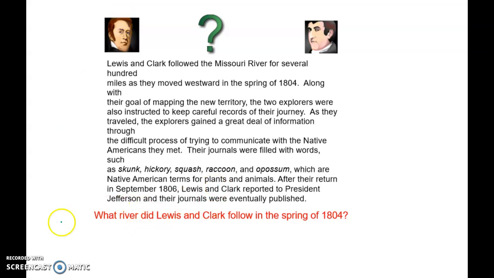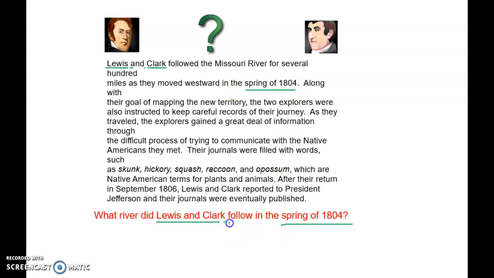So let's look at what we have here. We have Lewis and Clark. So up here I see Lewis and Clark. And I see spring of 1804. And up here I see, if I can find my mouse, spring of 1804.